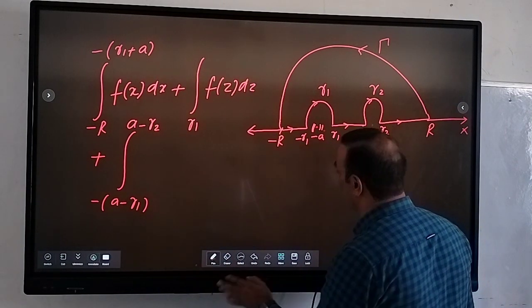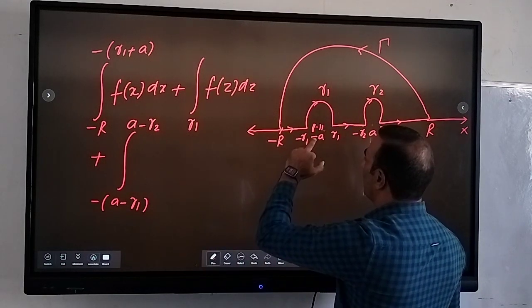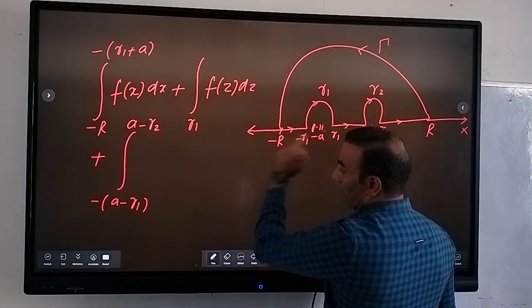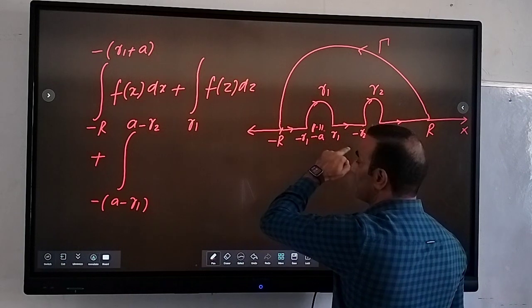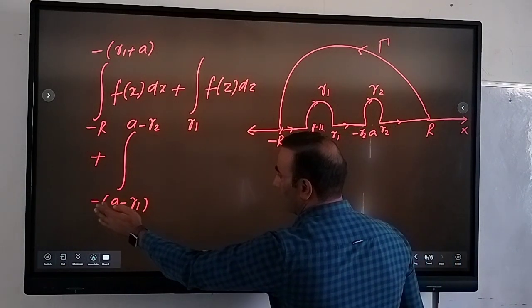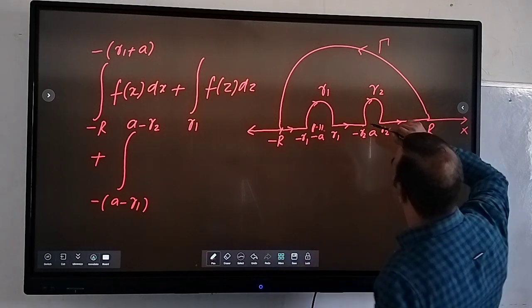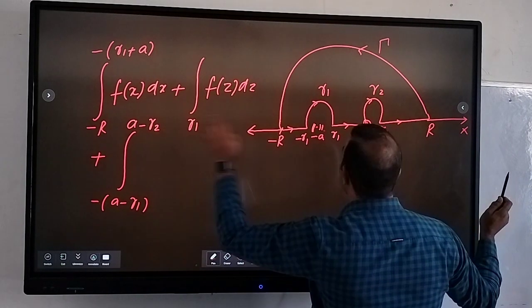Okay, so this is clear. Where will another integral come from? It will come from this, minus a plus r, which I can also write as minus a plus r. You can take out minus a minus r to a minus r2, which lies in the neighborhood of this point, that is a minus r2.